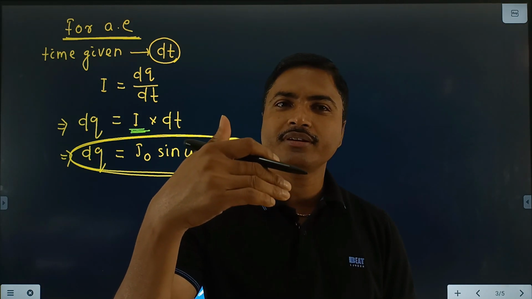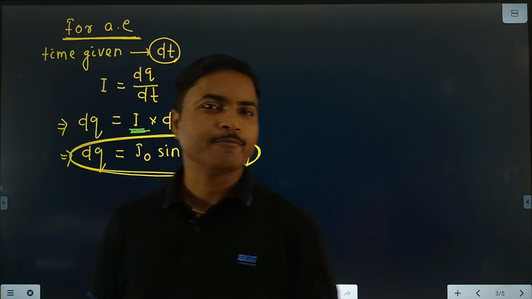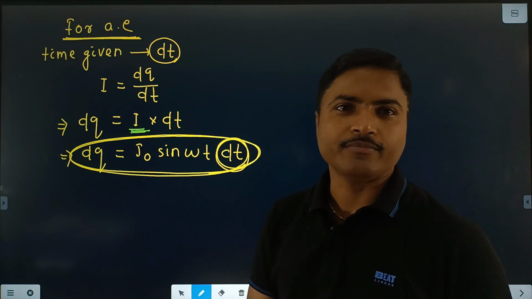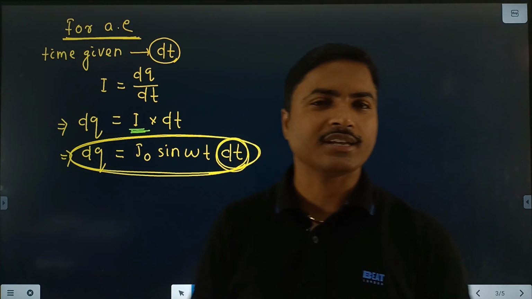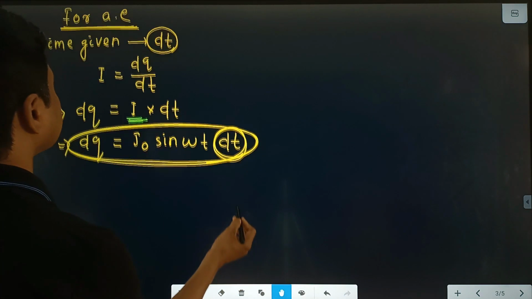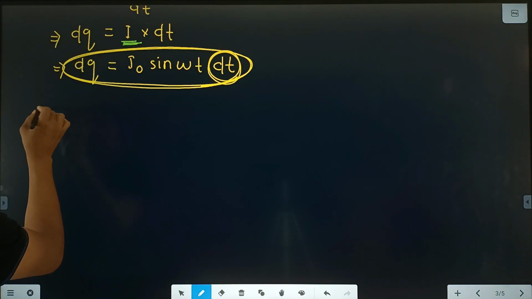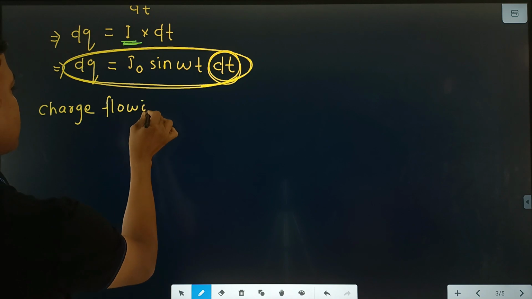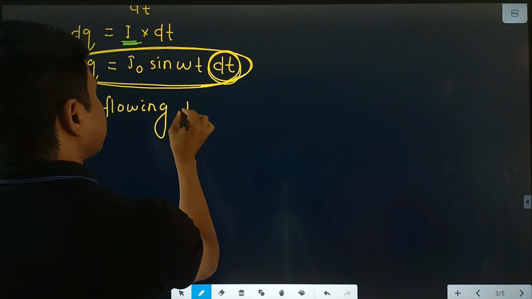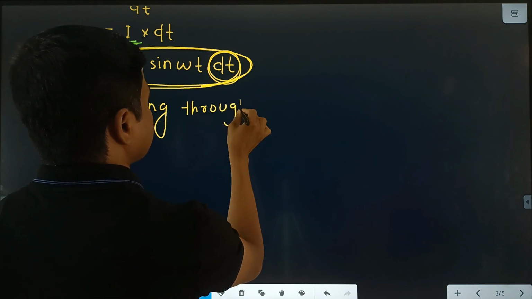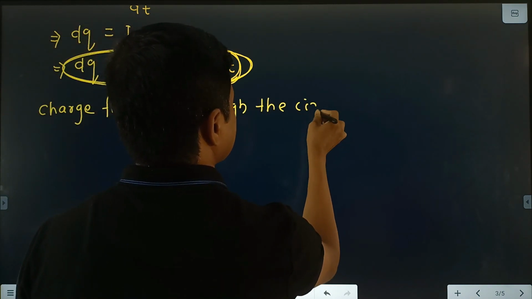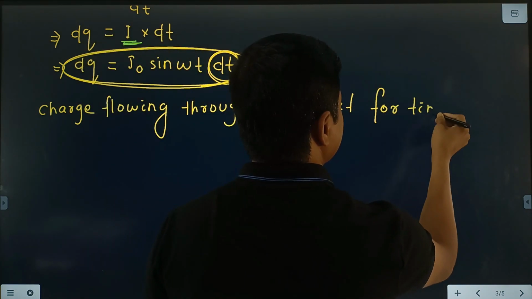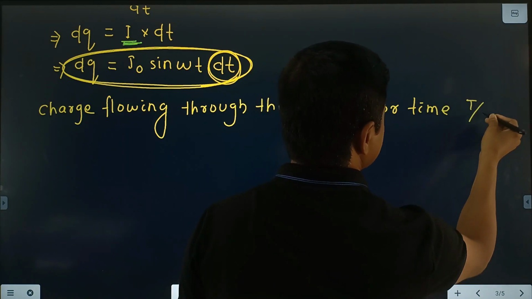If we give T by 2 time, because for a half cycle the time is T by 2, the half of the time period, what is the net charge flowing through the circuit for time T by 2?